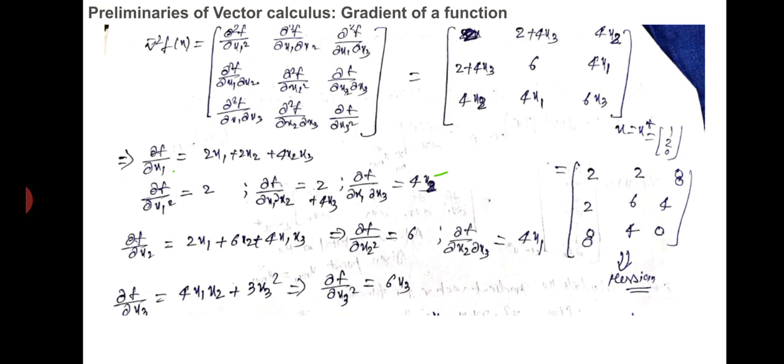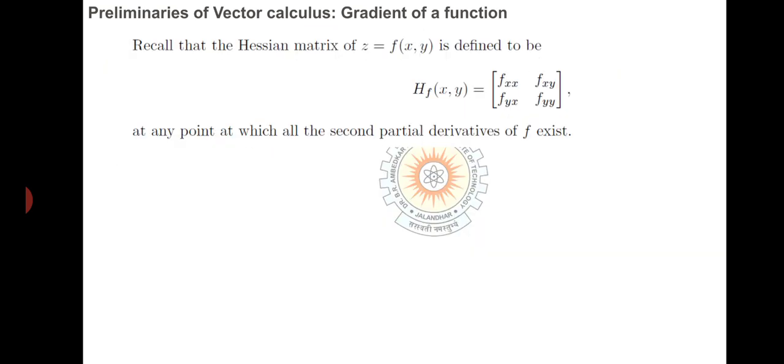Now the problem is how to decide whether this point, 1, 2, 0, is a minimum or a maximum. We don't know. So for that we have to calculate the necessary and sufficient conditions, right?